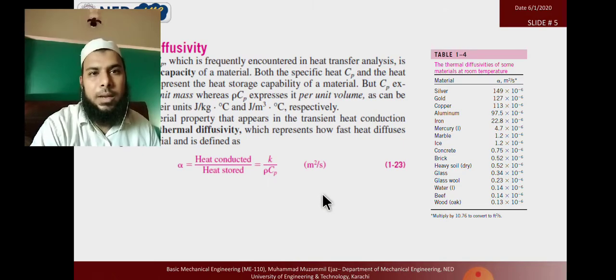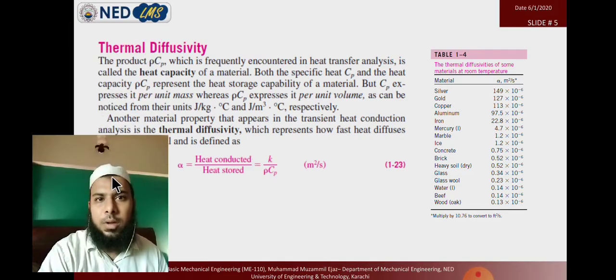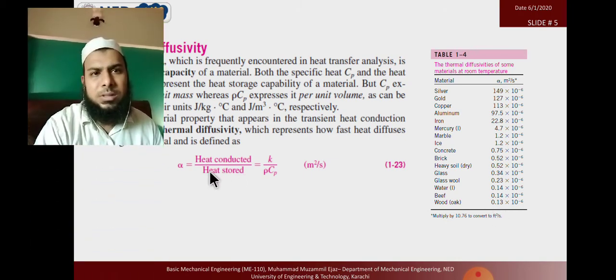Anyway, we also learned the thermal diffusivity. The higher the thermal diffusivity, the higher the heat transfer rate will be, and the lower the thermal diffusivity corresponds to a lower heat transfer rate. It is just a ratio of heat conducted divided by heat stored.